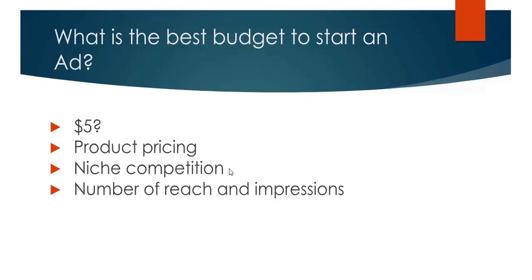And niche competition is really important. In one of the niches that I was testing, I was not able to get a reach of 100 people by spending $5. In that case, you need to spend more to test more.